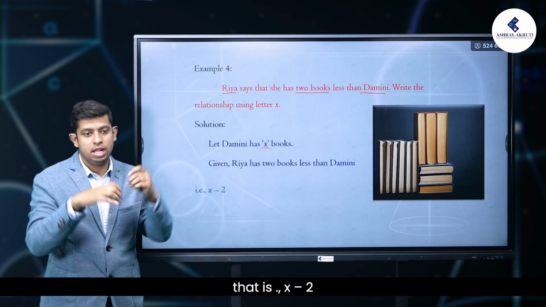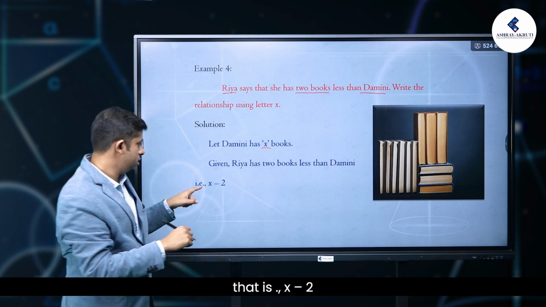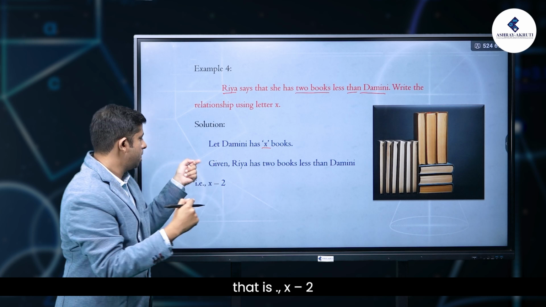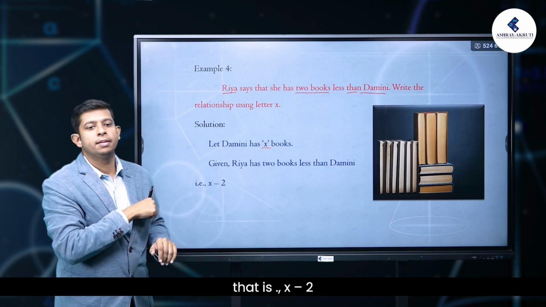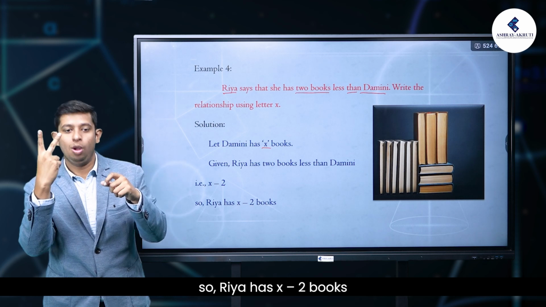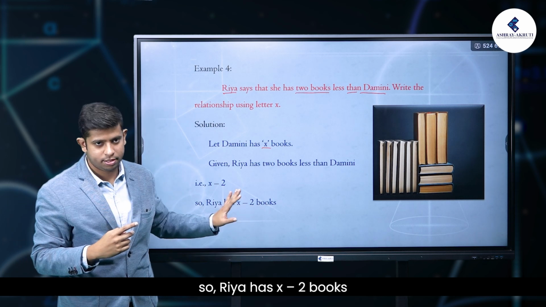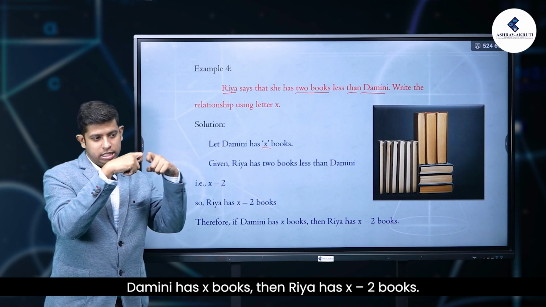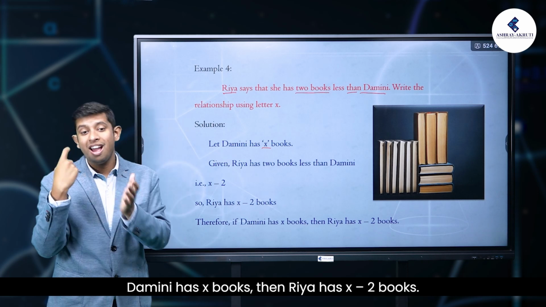That is X minus 2. So Riya has X minus 2 books. Therefore, if Damini has X books, then Riya has X minus 2 books.